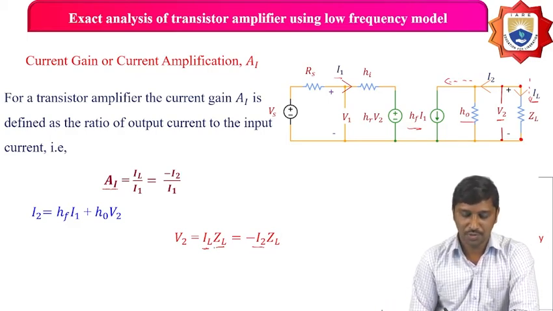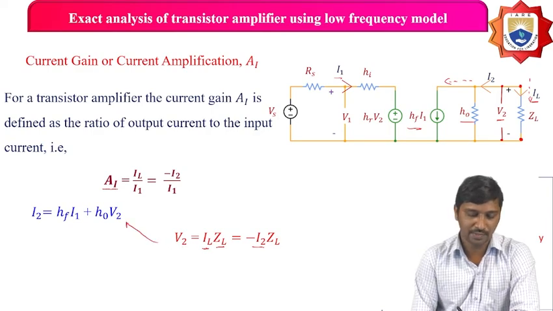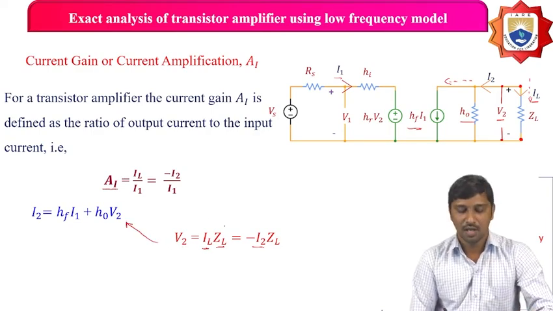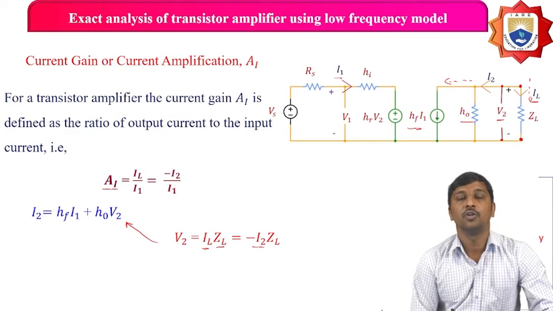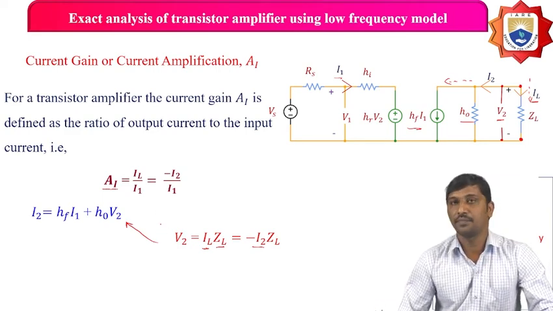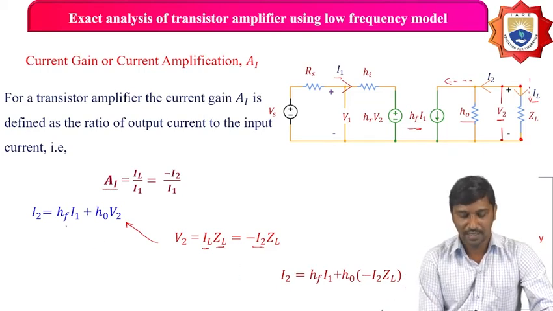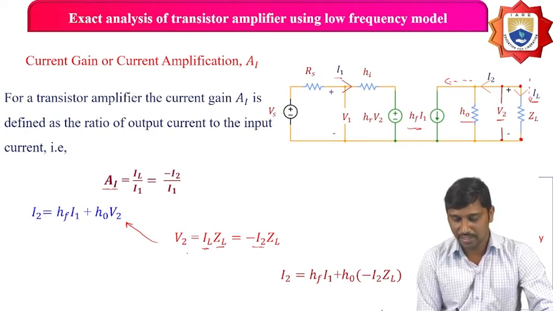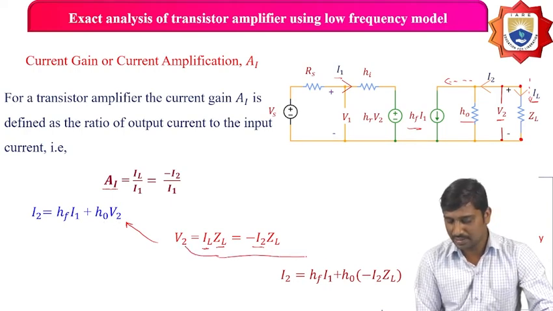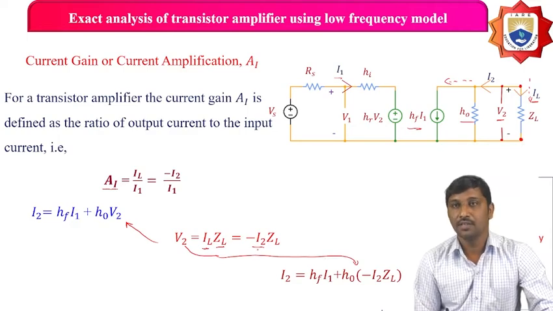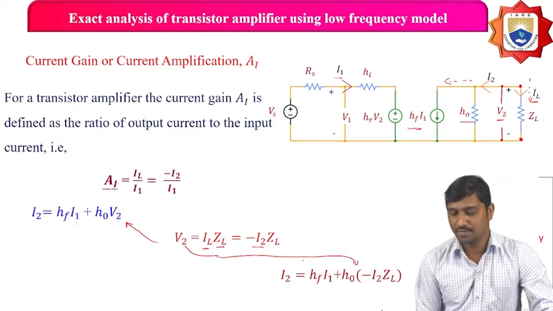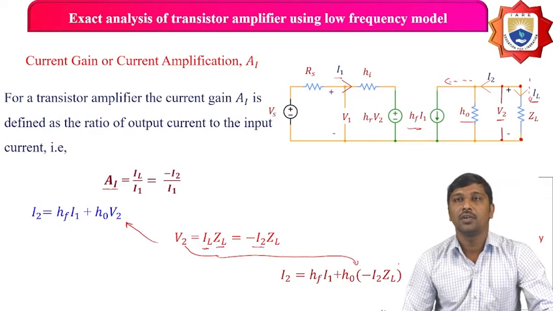Now I am going to substitute this V2 in the expression to observe the output current with respect to this small signal analysis. We know I2 is HF times I1 plus HO times V2, so V2 is replaced with minus I2 times ZL. Now we can simplify.